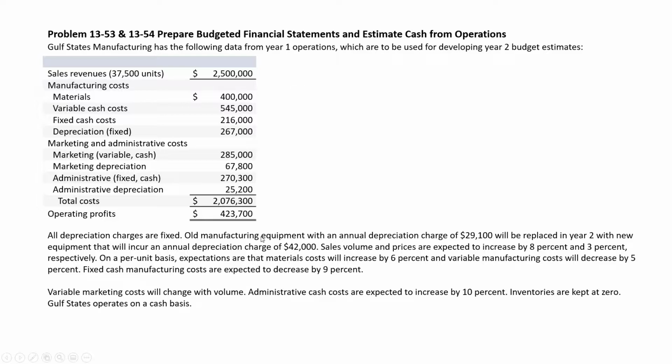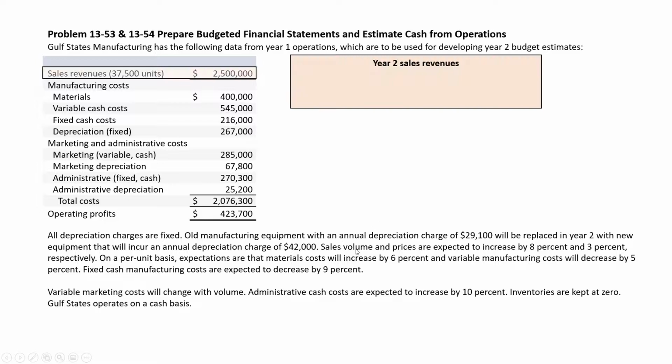Quite a bit of detail in terms of what we're expecting to change going into year two. Our starting point is going to be sales. So I'm going to look through here and see what seems to be related to sales. The second statement here, sales volume is expected to increase by 8%, and sales prices, separate statement here, are expected to increase by 3%. Now, I can simply go through here because sales revenue is going to be variable.